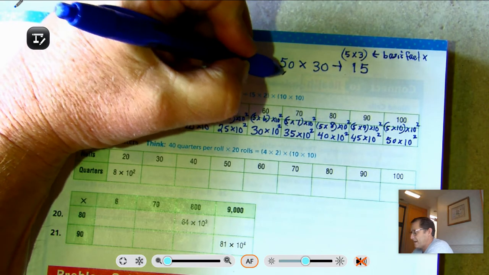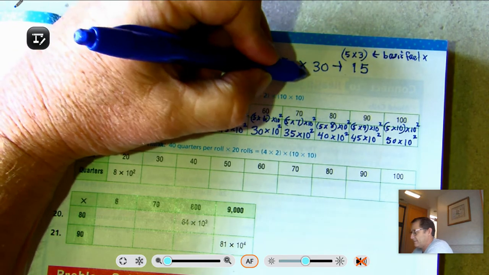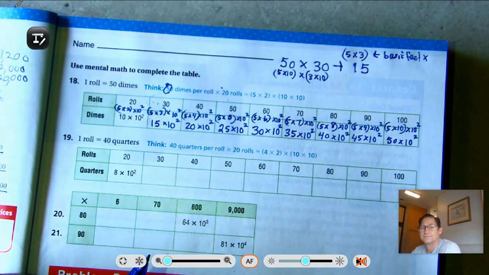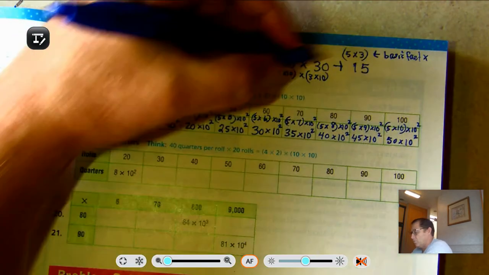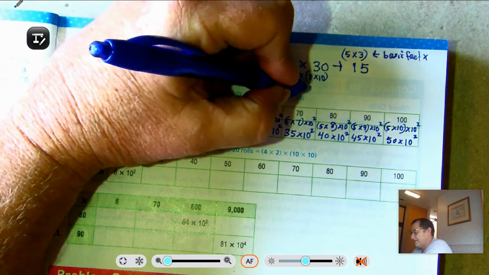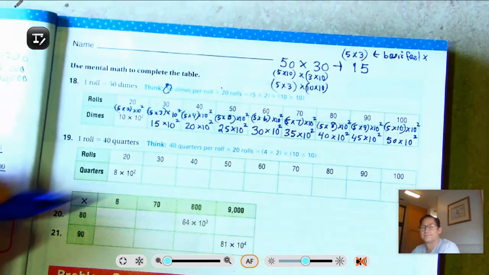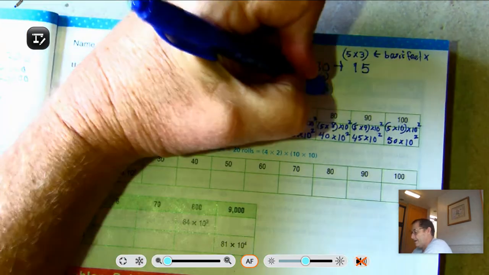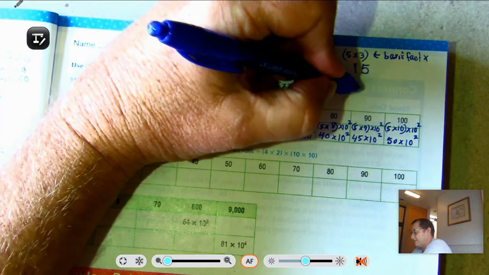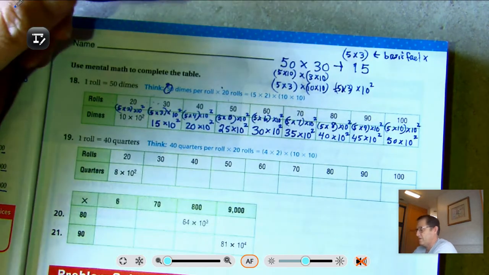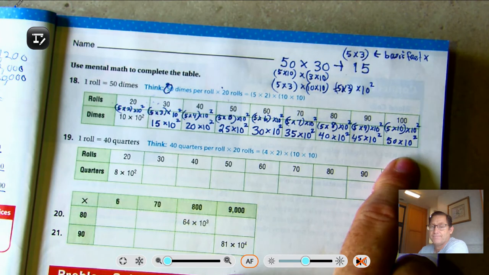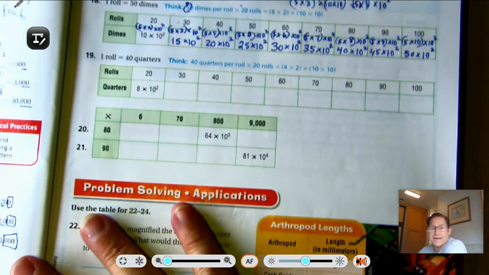Well, this is 5 times 10 times 3 times 10. So we're combining the 5 times 3 and the 10 times 10. So we get 5 times 3 times 10 squared. So that's why all of these are 10 squared.